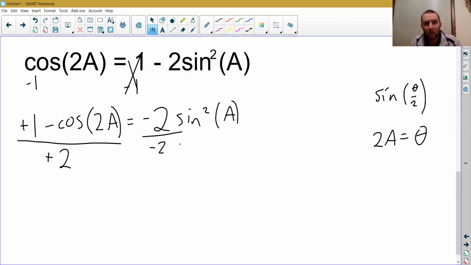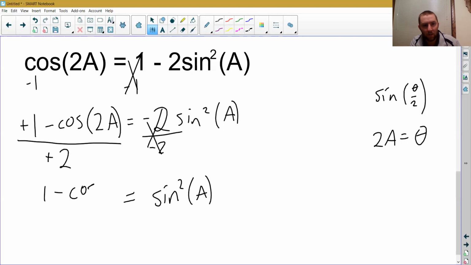So what I end up with when I cancel this out is this side says sine squared of a is equal to 1 minus cosine of 2a divided by 2. Okay, so the sine squared of a is equal to 1 minus the cosine of 2a divided by 2.